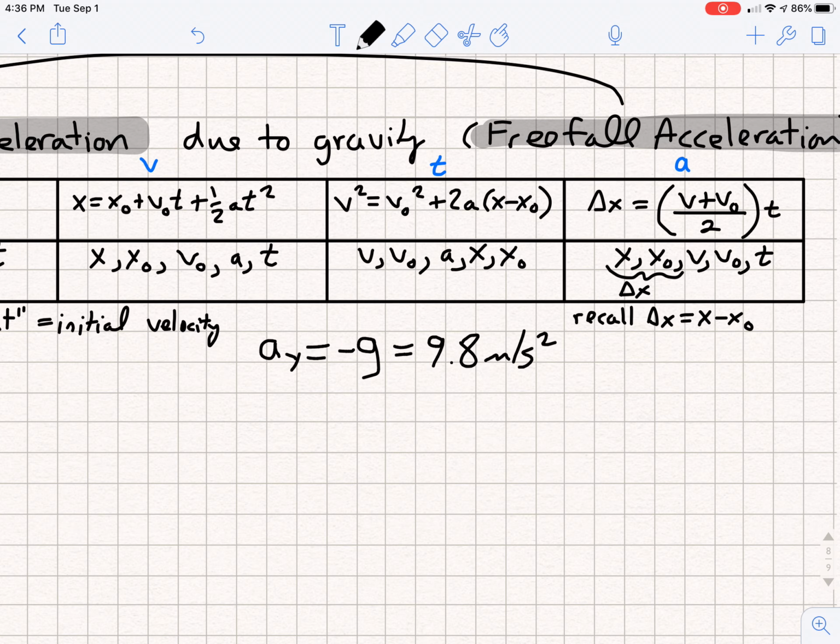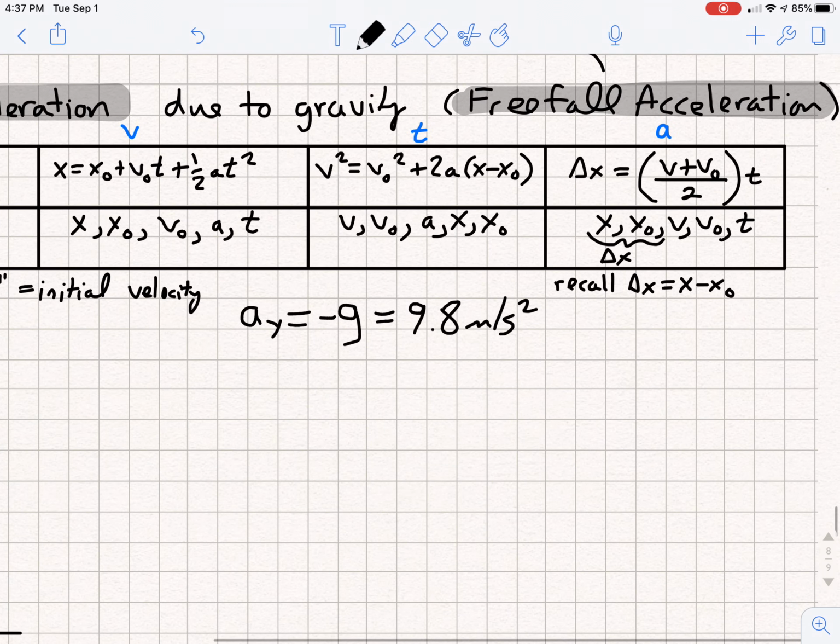It's a constant value. And what that means is objects are going to, if they're thrown upwards, slow down at a rate of 9.8 meters per second every second they travel upwards. Or if they're falling, they will speed up at a rate of 9.8 meters per second every second.